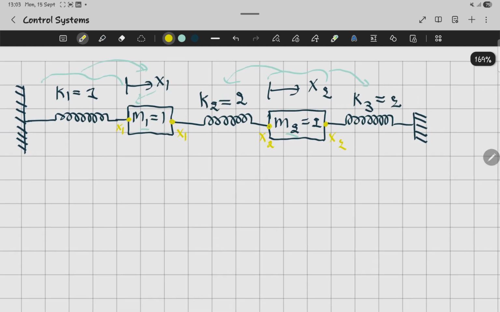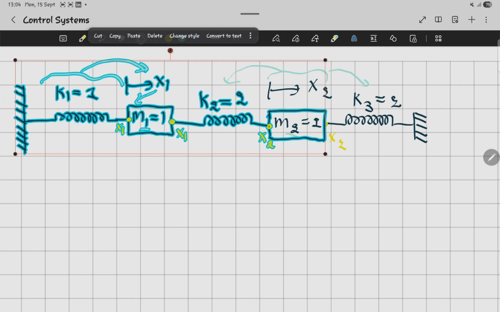If you have to solve this question, you're going to break it down into two sections. So you're going to have to take this side. So this is what we're going to get.